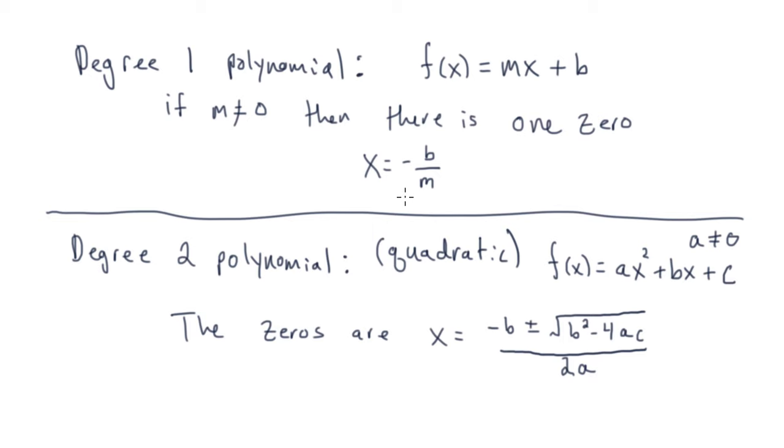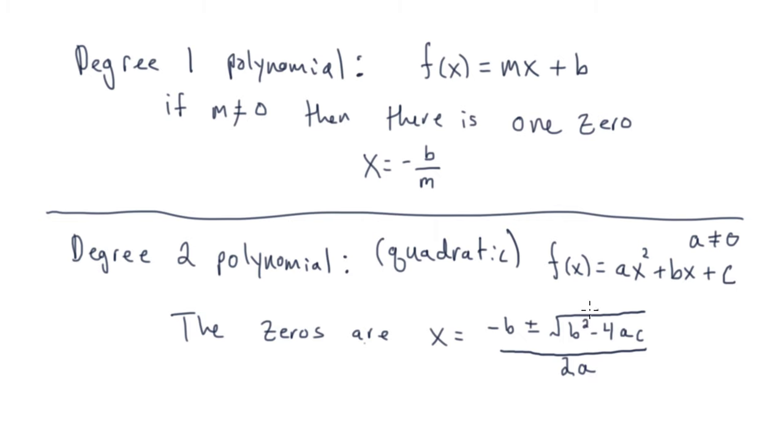Now you say, okay, this plus or minus just means that there's possibly going to be 2 zeros. For one of them I'll take the positive square root here, and for the other I'll take the negative. But there may actually be no zeros. Notice that it could be possible for there to be a negative under this square root.